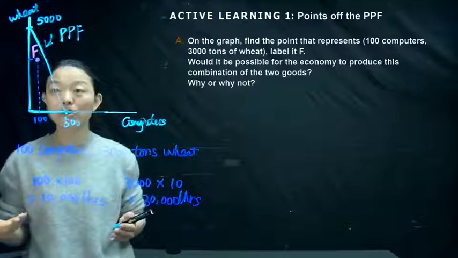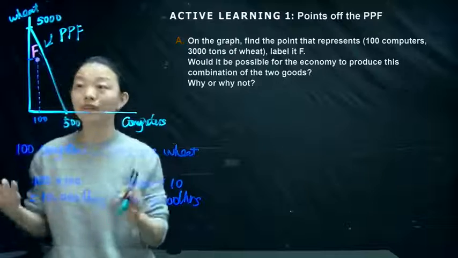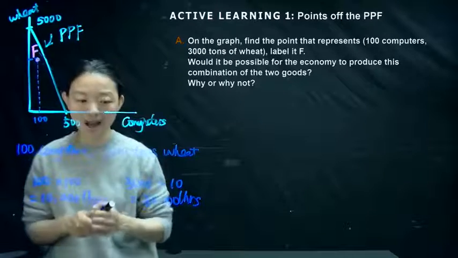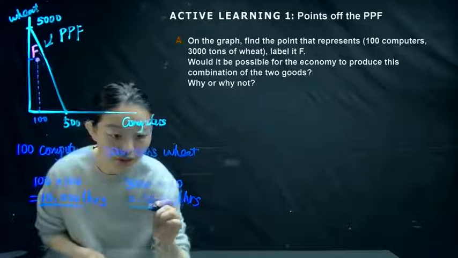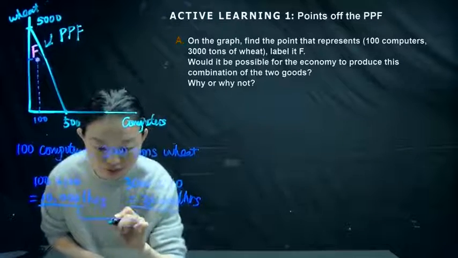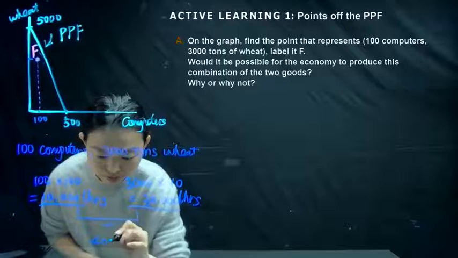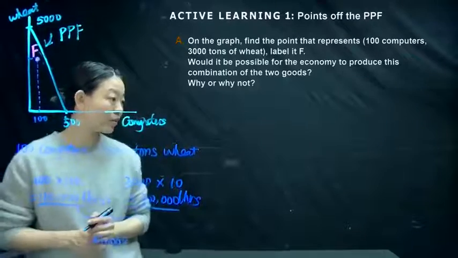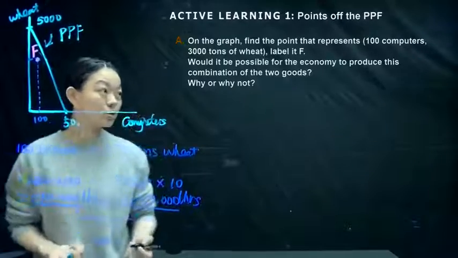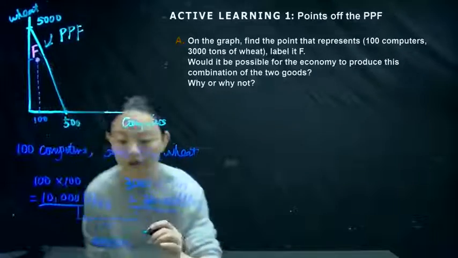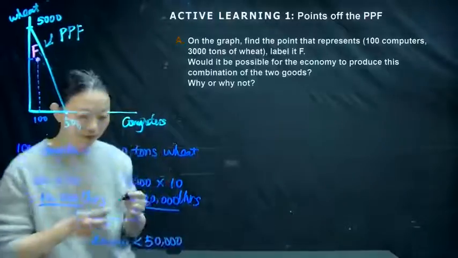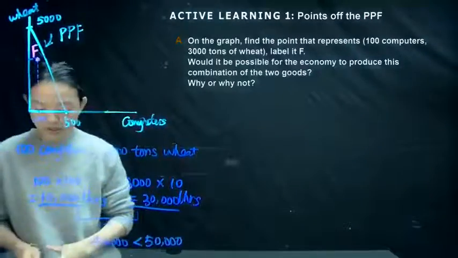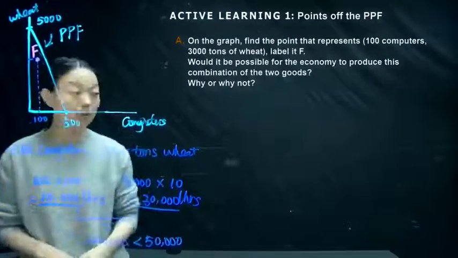Of course we can produce it because totally we have 50,000 labor hours, right? And producing computers and weight just needs, if you sum these two, 40,000 labor hours, which is still smaller than what we have, 50,000 labor hours. So point F can definitely be produced.